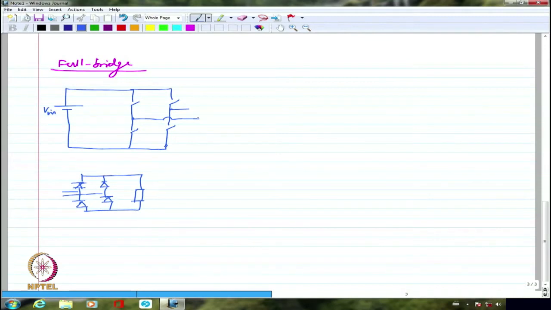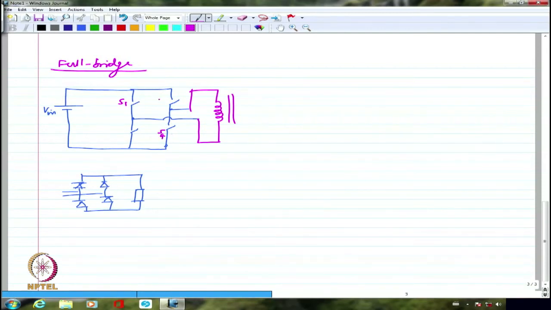And then we are going to have the primary of the transformer connected here. Let me call this S1, S4, like what we had numbered earlier.